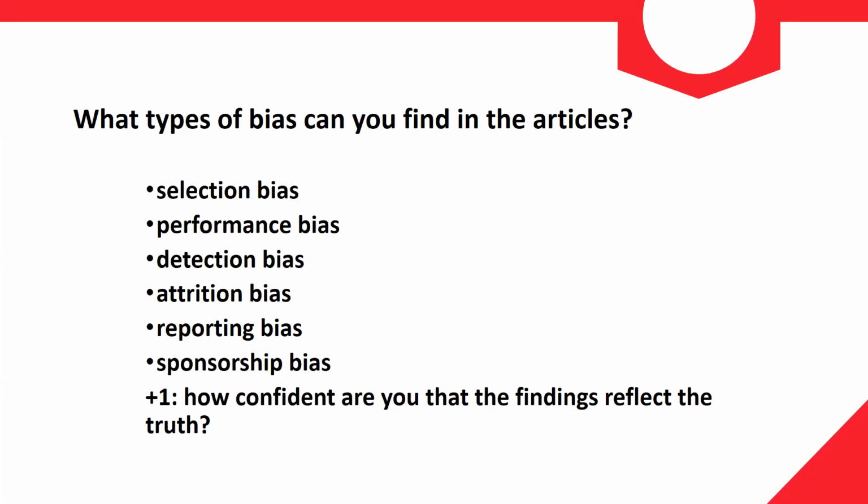Regarding attrition bias, what we discussed was that we looked at figure 1, where they are showing us the trial profile, and we saw that almost a similar number of patients were in both of the groups, and the patients who were lost to follow up or discontinued intervention were also similar.